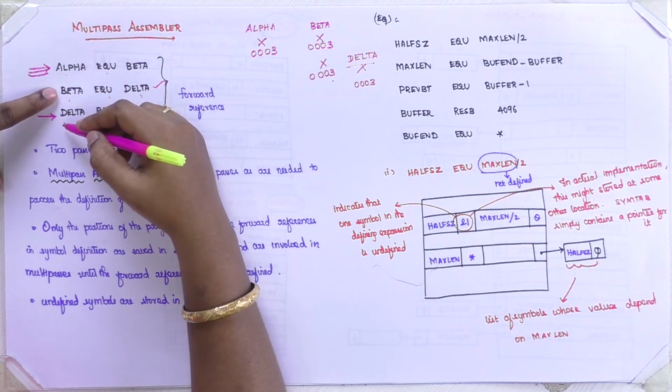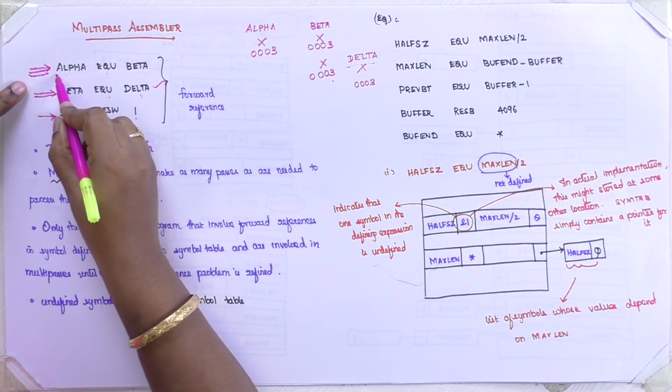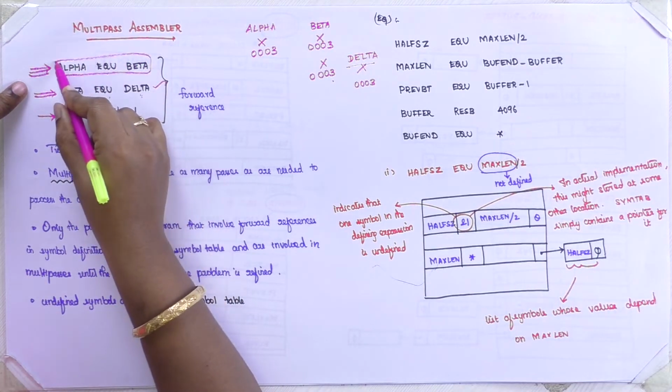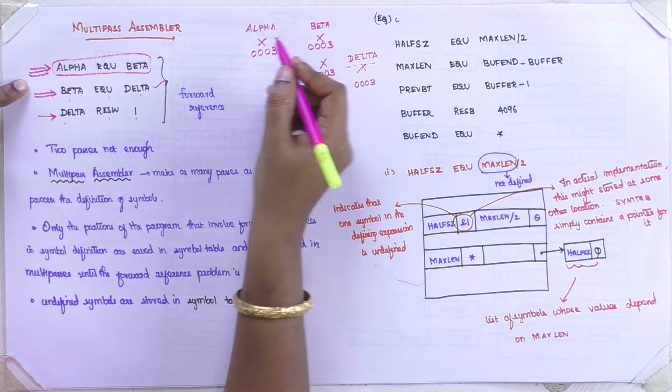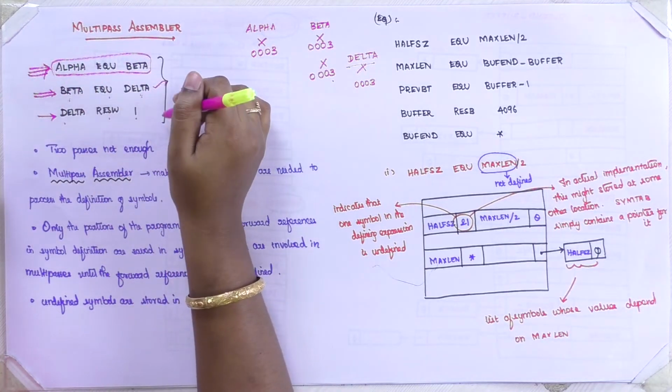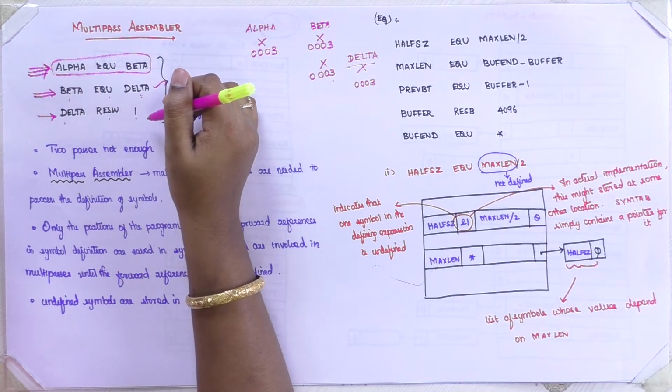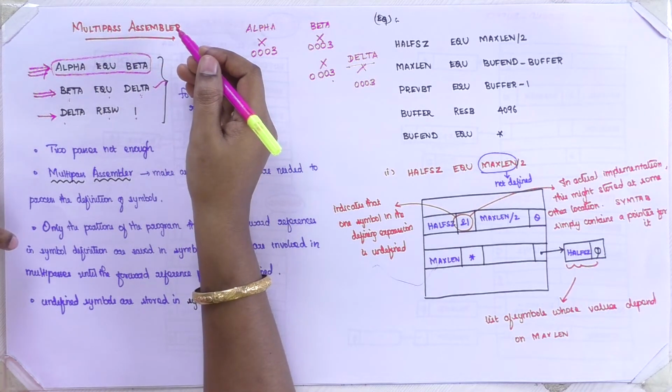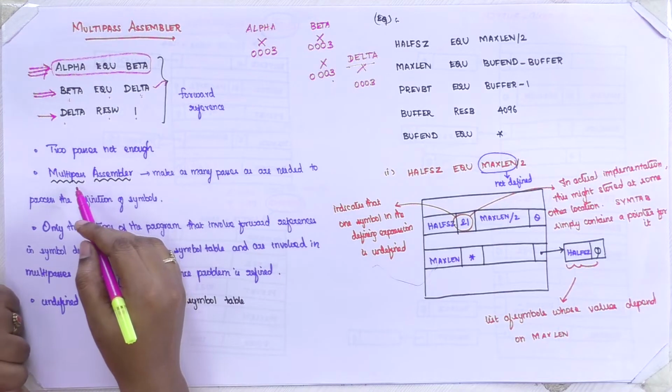So no need to read once again. So for handling this particular instruction, we need how many passes? 3 passes. So these kind of instructions, these kind of forward references problem, 2 passes are not enough. So we go for multiple passes.